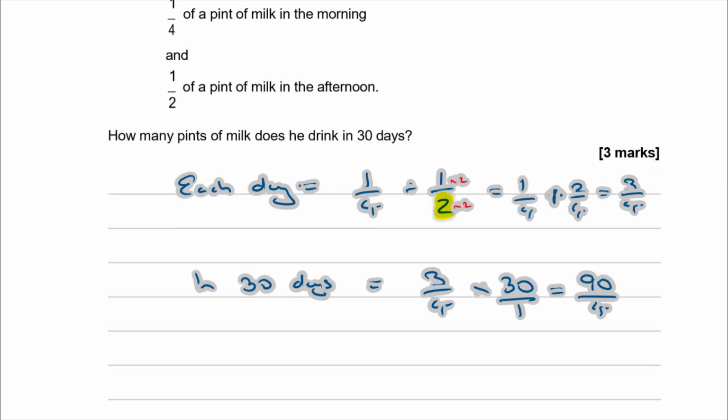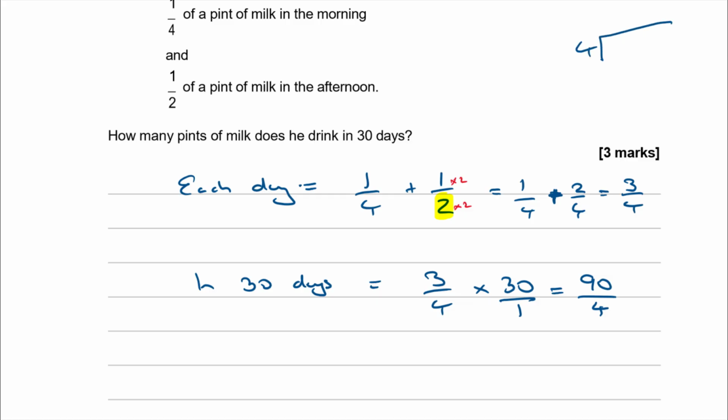So what's that then? How many times does 4 go into 90? I might just do it at the side up here. So 4's into 9 go twice, remainder 1, isn't it? Because 4 2's are 8. And then 4's into 10 go twice, remainder 2.